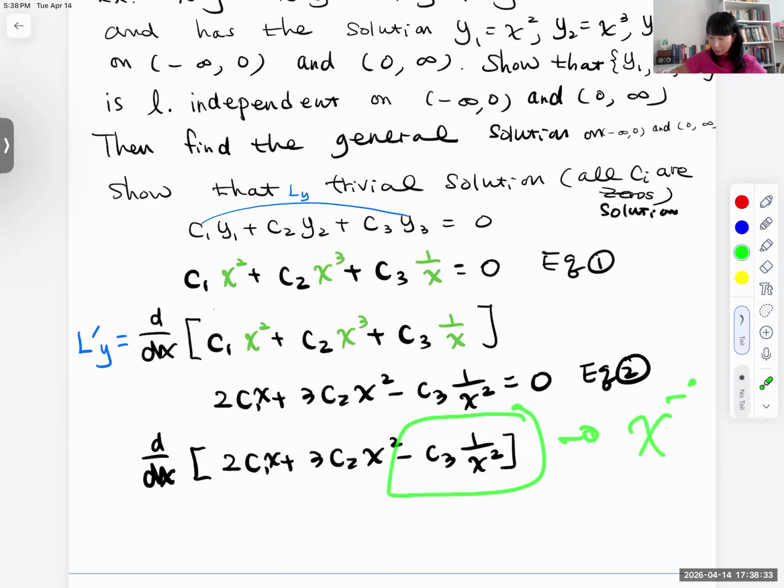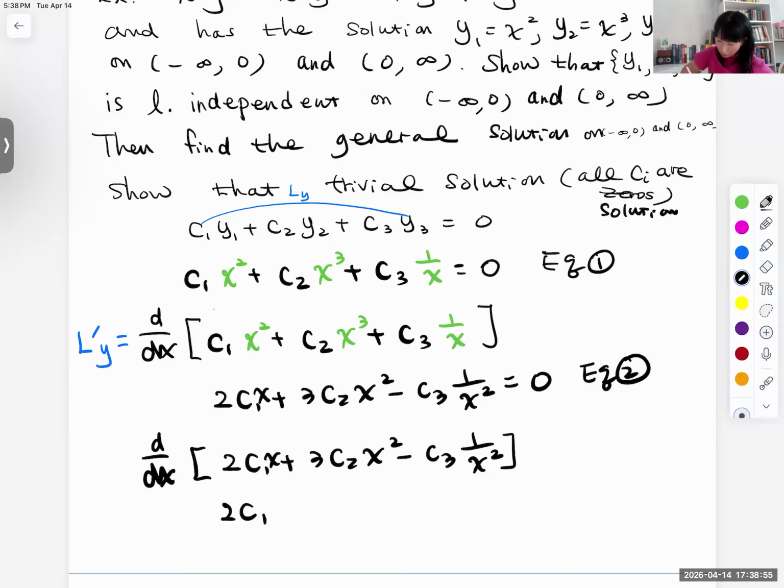Let me write it down. That will be 2c sub 1 plus 6c sub 2 x plus 2c sub 3 over x to the third power, and we make it equal to 0 and say this is equation number 3. Now we give it a name: this whole thing is the second derivative of L sub y.